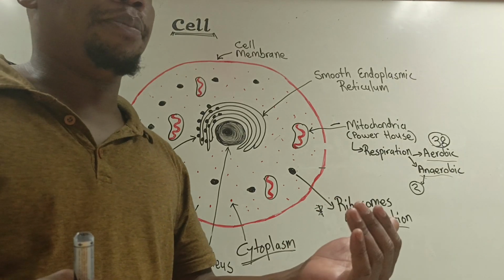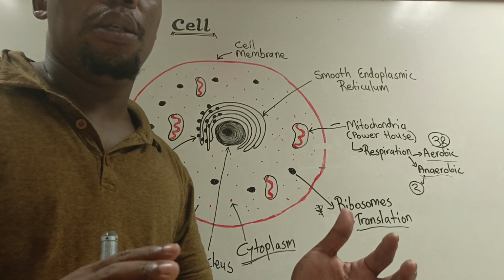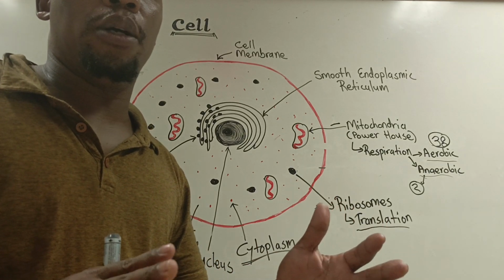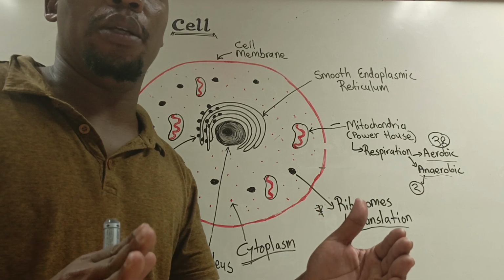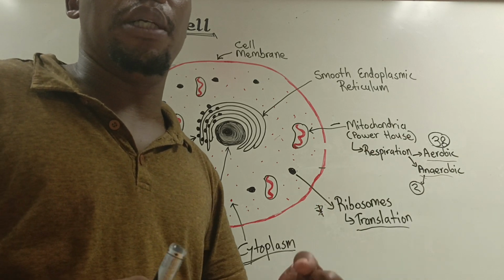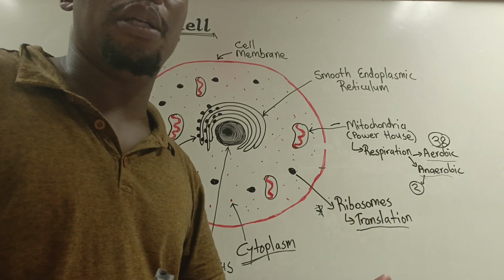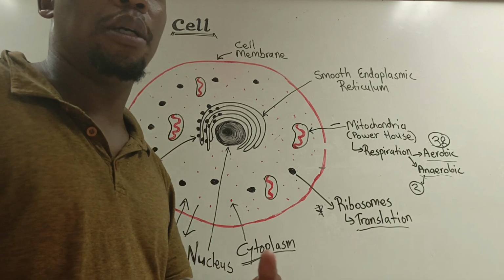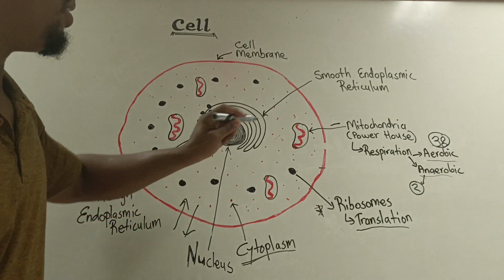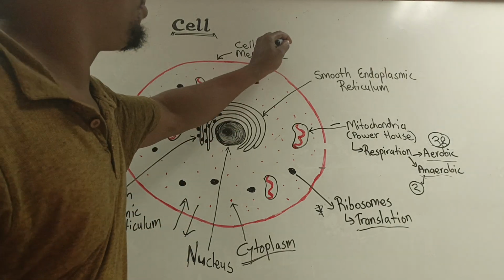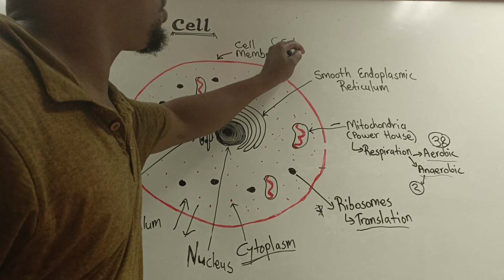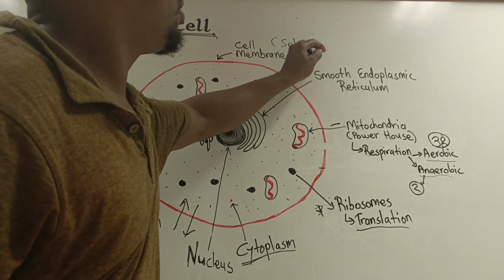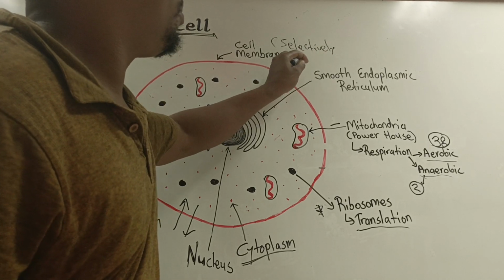That quality or that function of the cell membrane, cell membrane is selectively permeable. Yeah, choose out the cell membrane is selectively permeable.